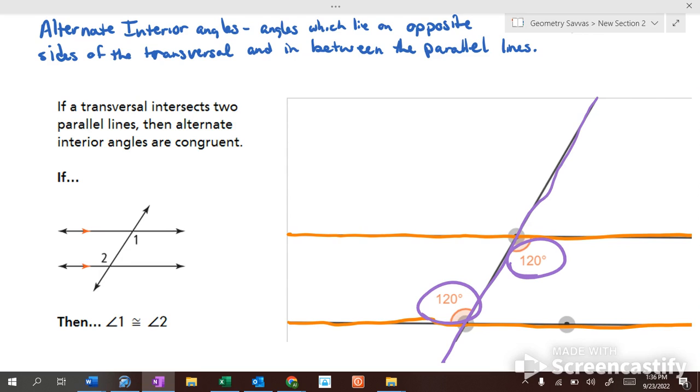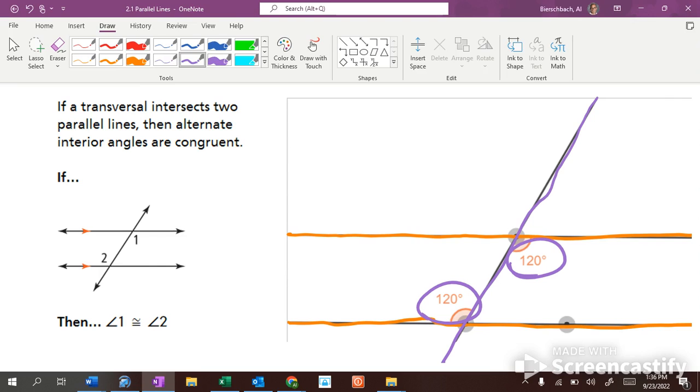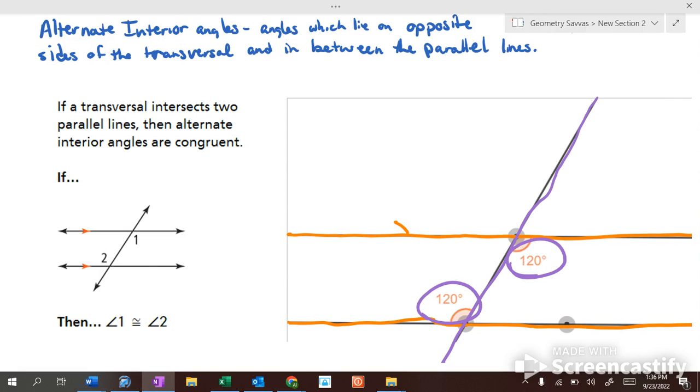They're alternate sides of the purple line. Alternate and opposite mean the same thing. Interior means in between. They're in between the parallel lines. When you have parallel lines, they're marked with an arrow like this. So parallel lines are marked with an arrow. These are in between, and they're on opposite sides of the transversal. Okay, that's alternate interior angles.